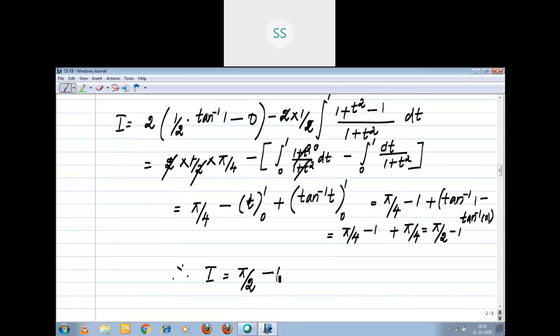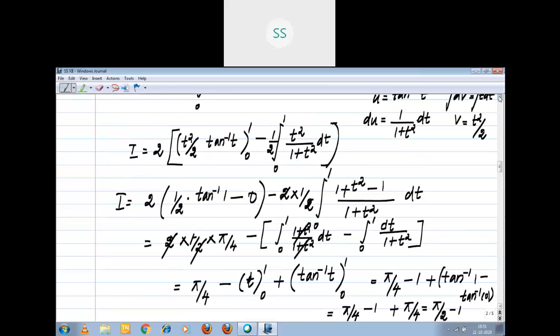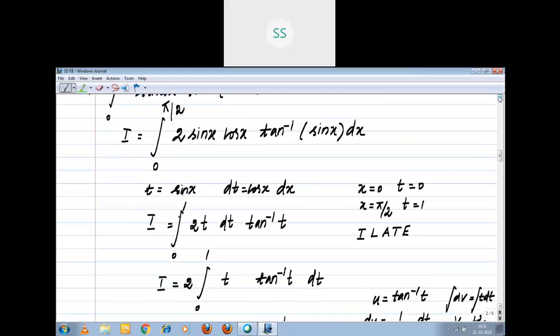Sorry children, I made a mistake. You don't do that. The inverse trigonometry is there, that is your u, and the rest of the thing comes under integral dv. That portion alone I am going to explain. See, t into tan inverse t dt: inverse trigonometry, logarithm, algebra, trigonometry, exponential.